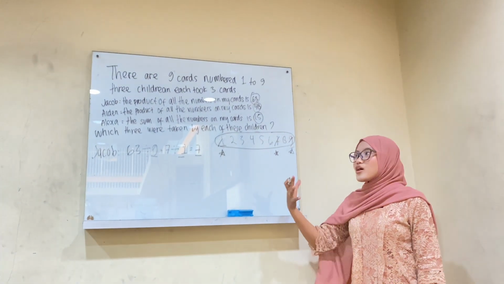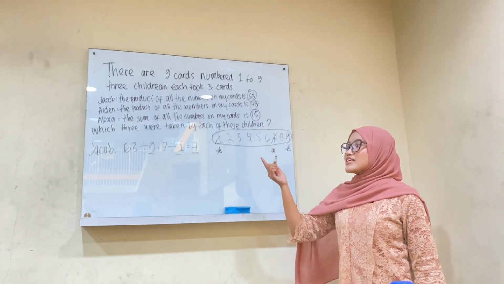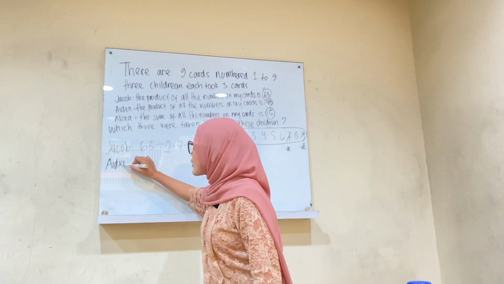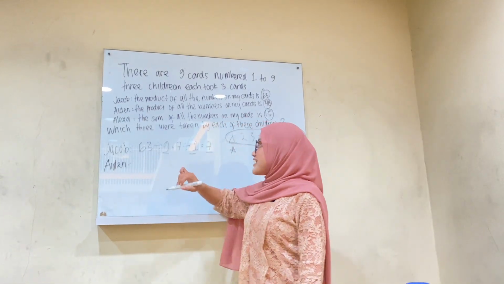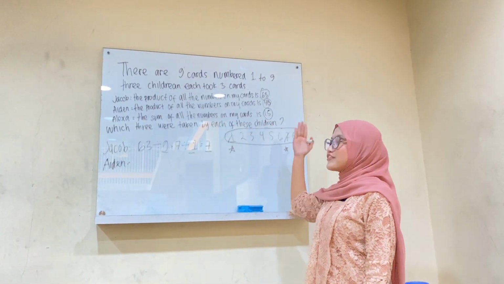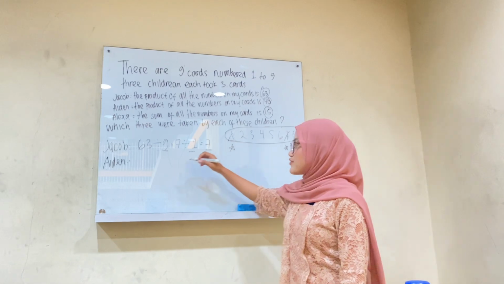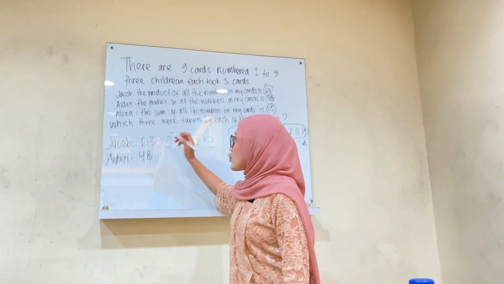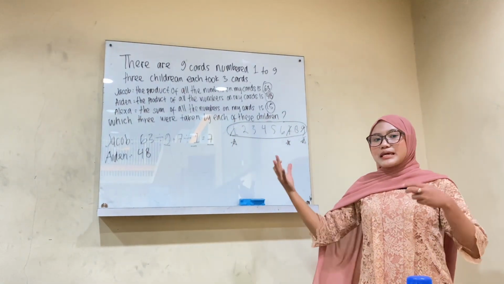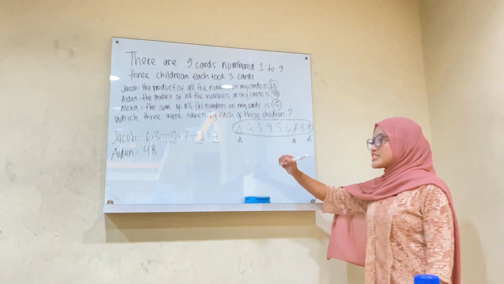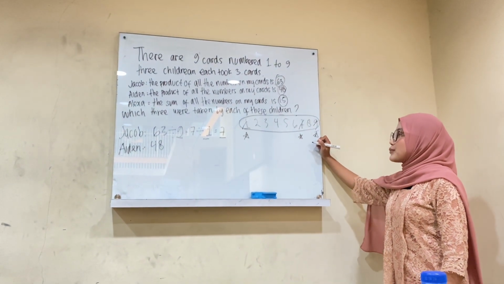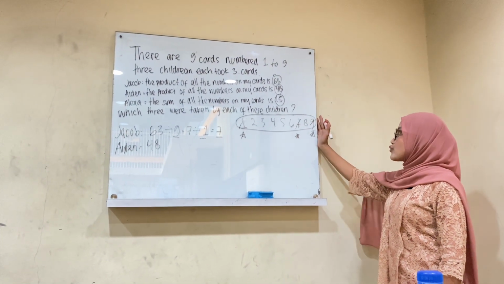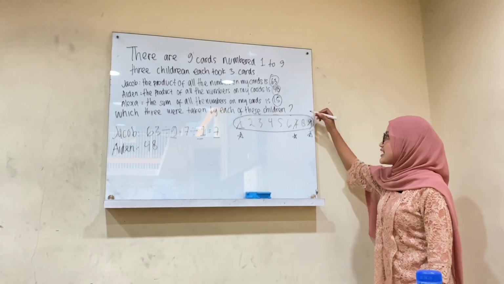Okay, we're gonna move on to the next case, which is Aiden. Aiden said that he had 48. So we're gonna use the same method as Jacob, which is dividing 48 by the biggest number here, which after 9 is 8.